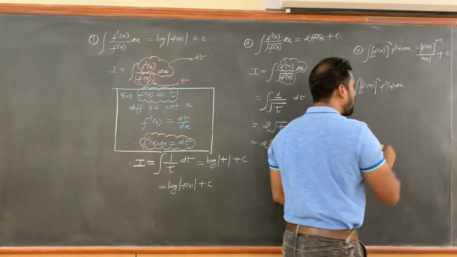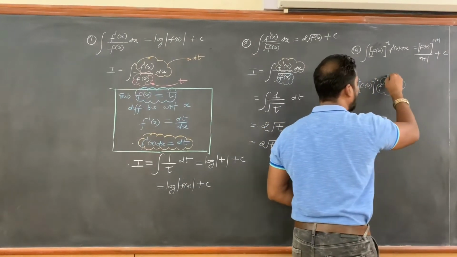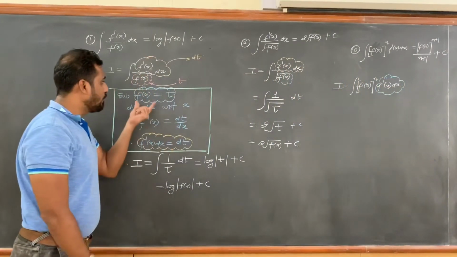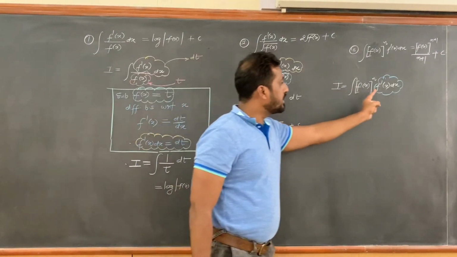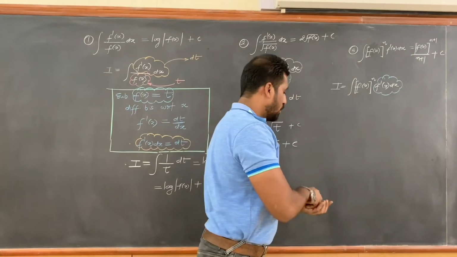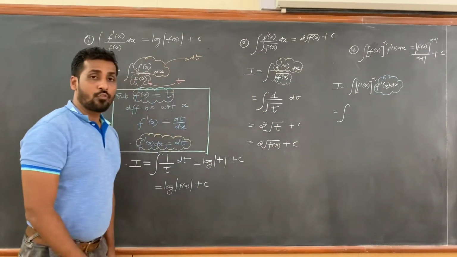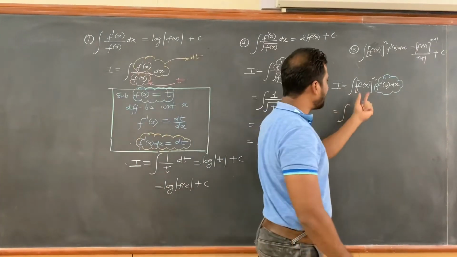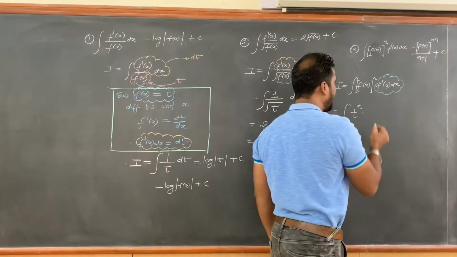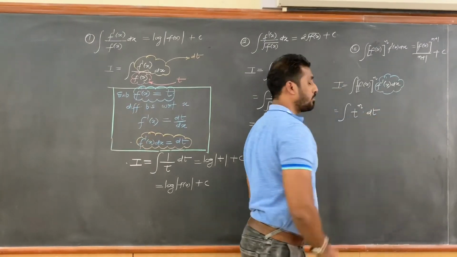But I guess you have already noticed that this f1 of x dx, if you remember, was dt. So I can replace this f1 of x dx by dt. So I can write here integration of, what is f of x? From the substitution, it was t. So let's put f of x as t. So t raised to n and then f1 of x dx was dt.